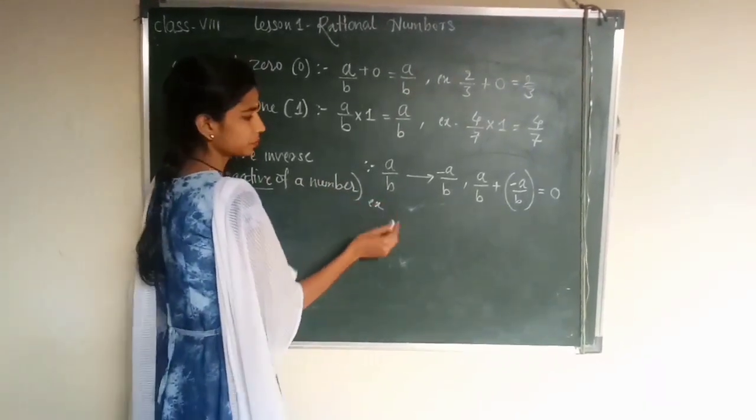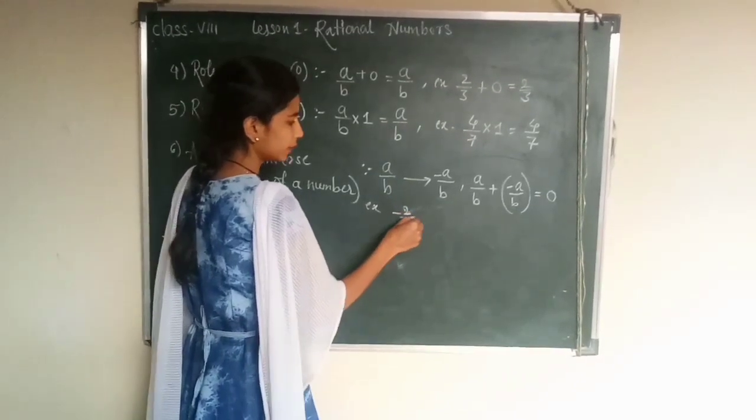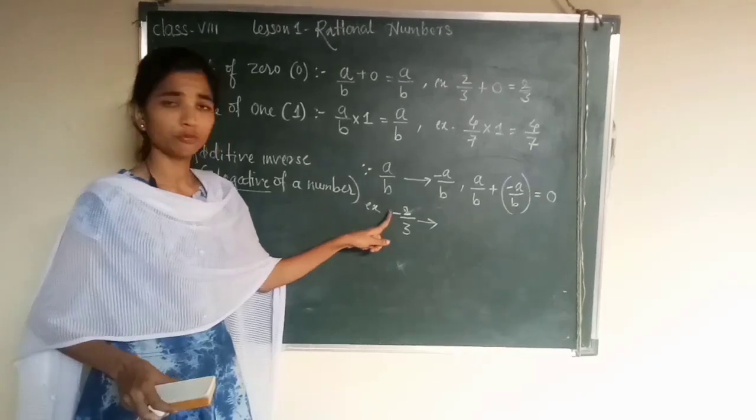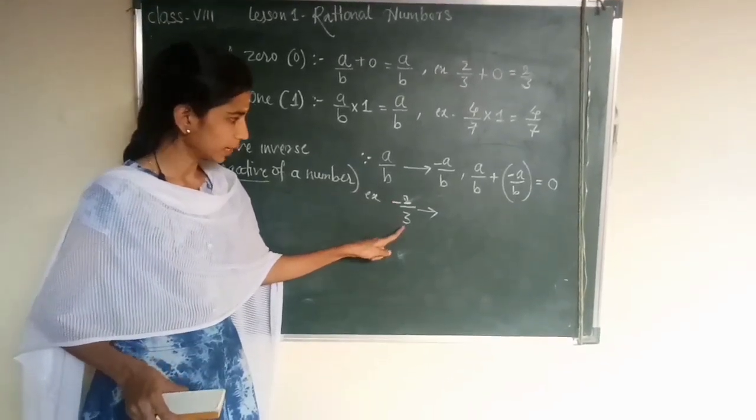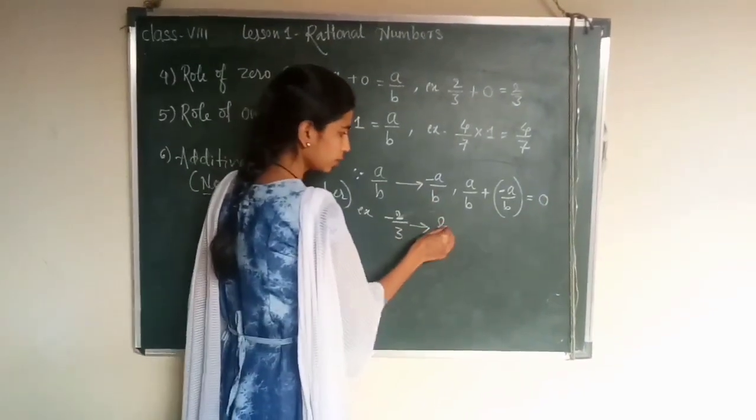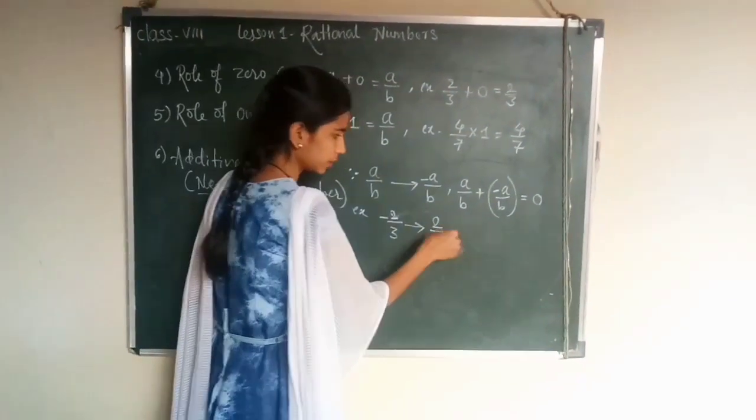For example, if I take minus 2 by 3, a negative number, then what will be its negative? Negative will be positive 2 by 3.